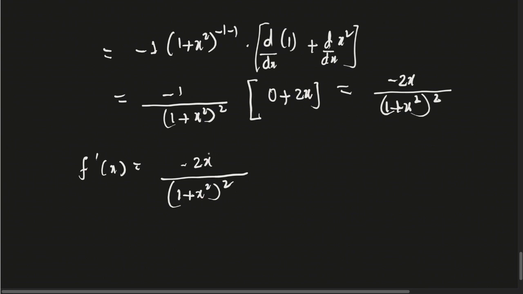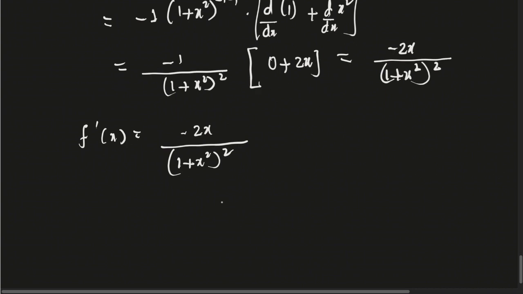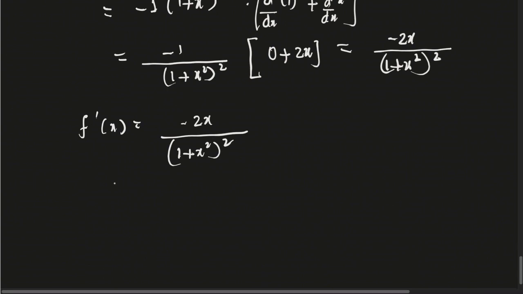So it will be positive when x is less than 0, and it would be negative when x is greater than 0. So f dash x is not always either positive or negative. This means f dash x can have both positive and negative values. So f of x is not a 1-1 function.